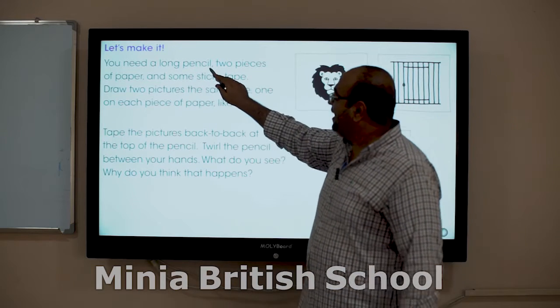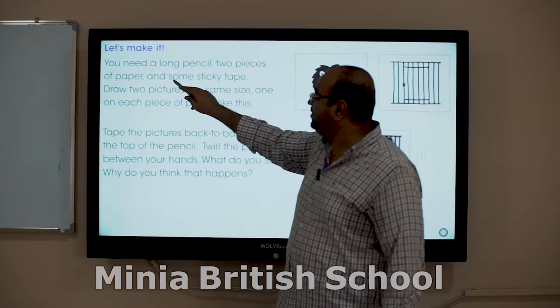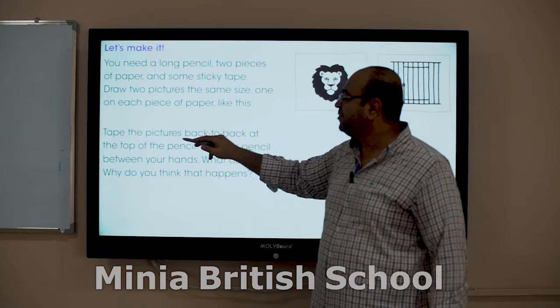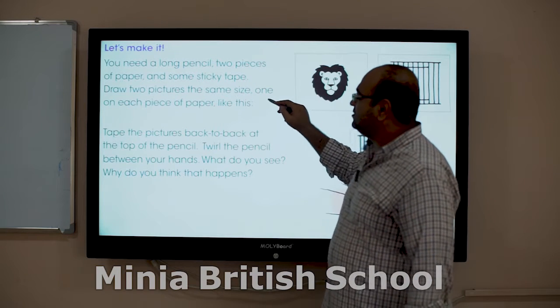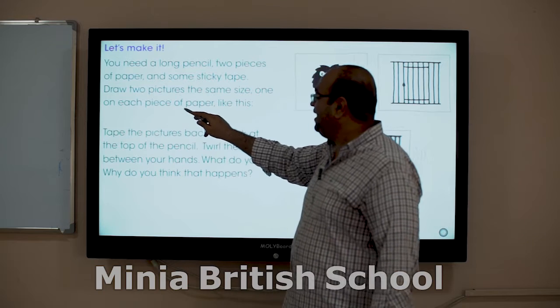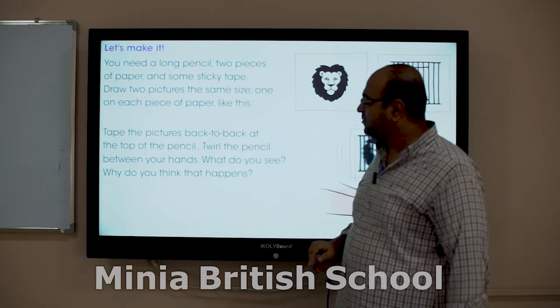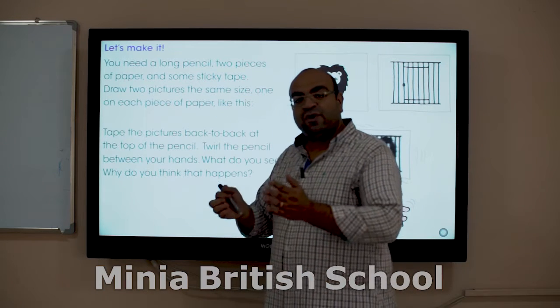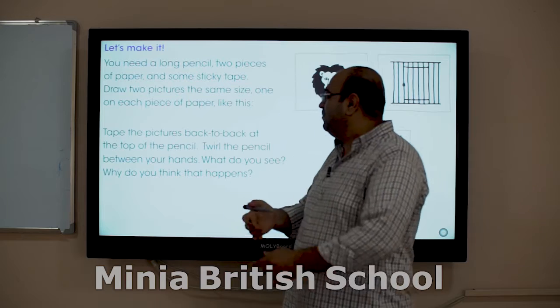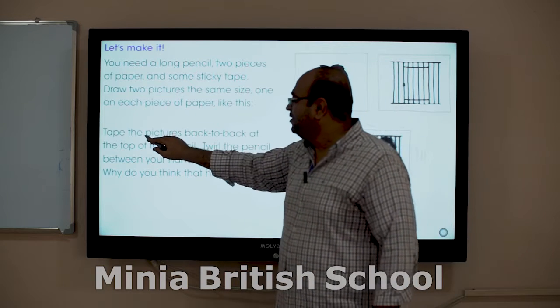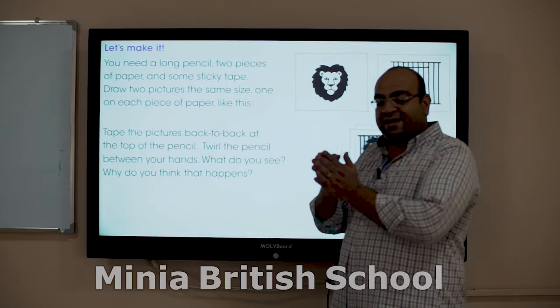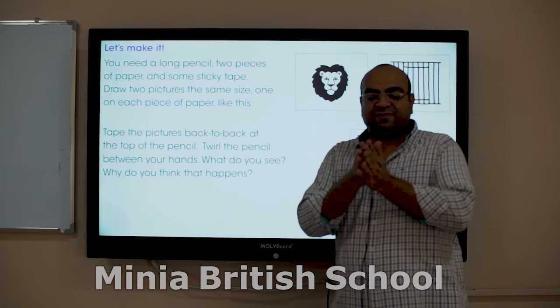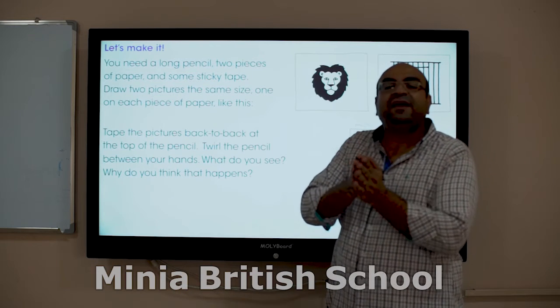You need a long pencil, 2 pieces of paper and some sticky tape. Draw 2 pictures the same size, one on each piece of paper. Then we will tape the pictures back to back, so one side will be the head of the lion and the other side will be the cage.